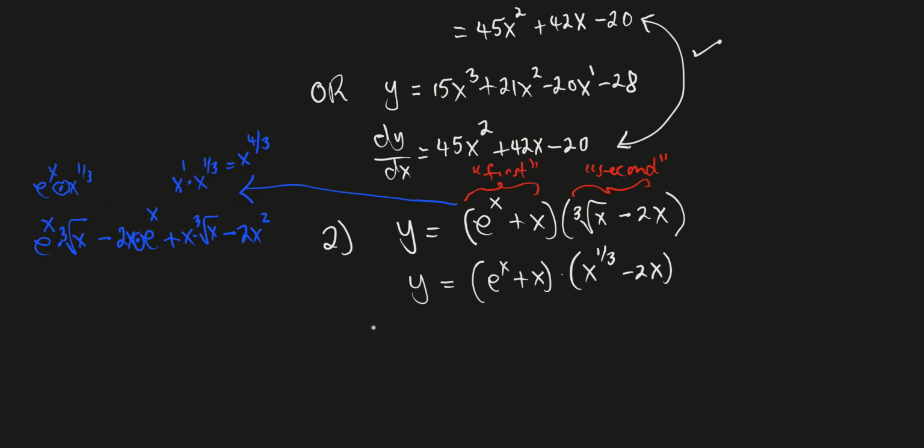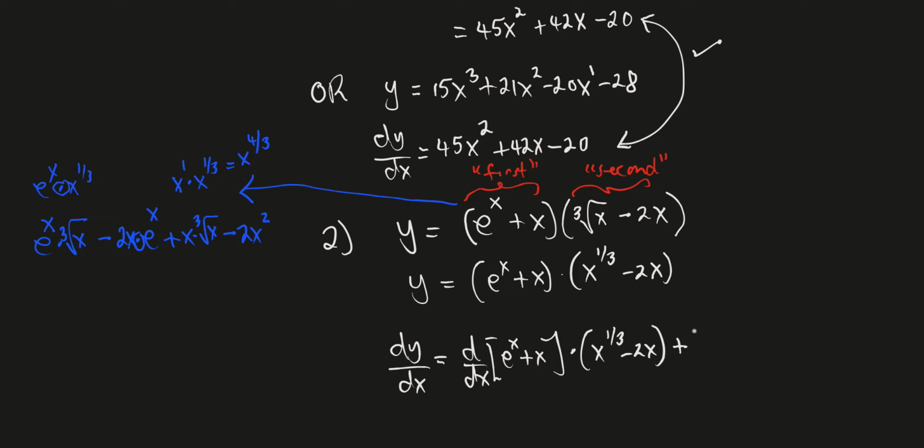So again, what I will do, our dy/dx, our product rule says take the derivative of the first, so e to the x plus x, times the second, which is your x to the 1/3 minus 2x, and then add to that the first, which is e to the x plus x, times the derivative of the second, which is the x to the 1/3 minus 2x, right?